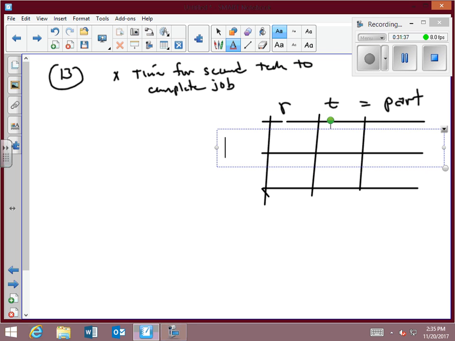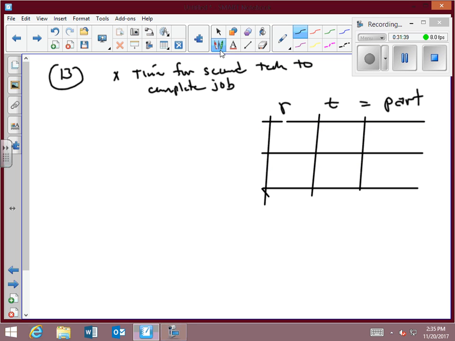First technician, second technician. Says that first can do it in 4 hours, so his rate is what? 1/4 per hour. Second can do it in 6 hours, so his rate is what? 1/6.